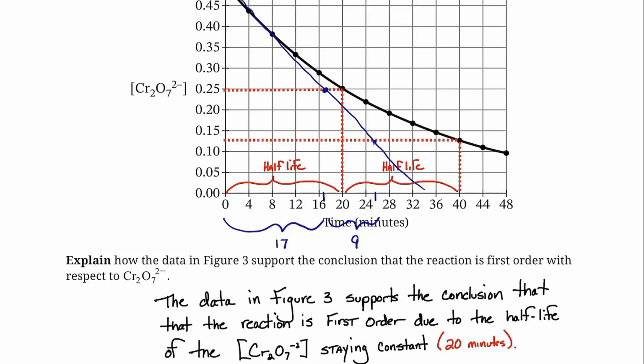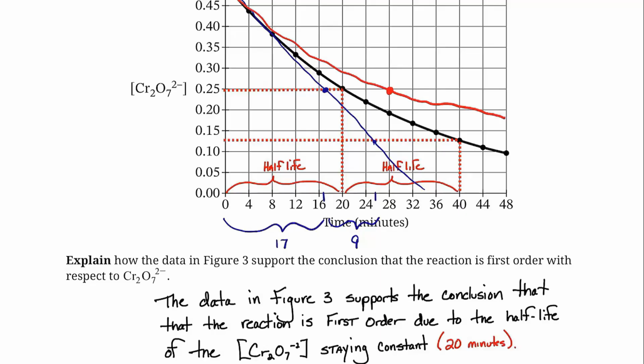Now if I draw another curve for second order, it would look something like this, coming down and then flattening out. My curve's not great, but we can see that our half-life would be something like, let's make this point here, 28 would be the half-life.